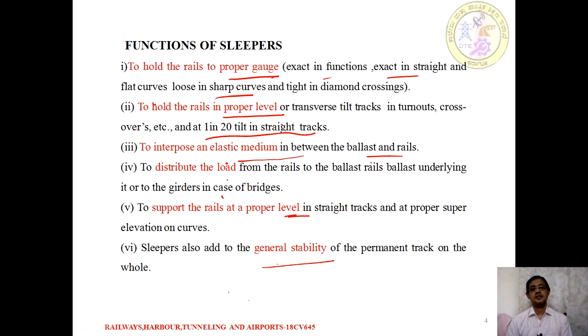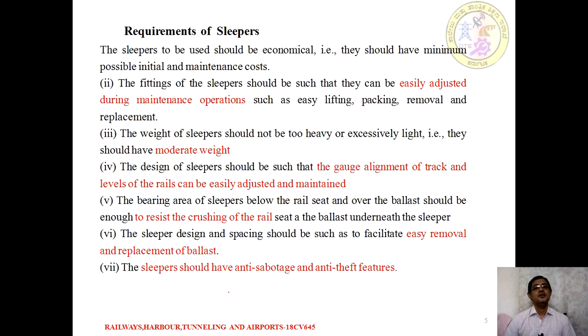Just to brush it up: the sleepers should hold the gauge in position, keep the rails at proper level, interpose the elastic media and distribute the load to a wider area, and have stability for the permanency of the track. As we have discussed the functions, moving on to the requirements of a sleeper.